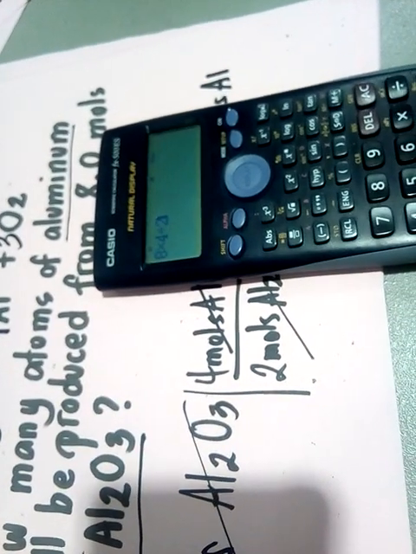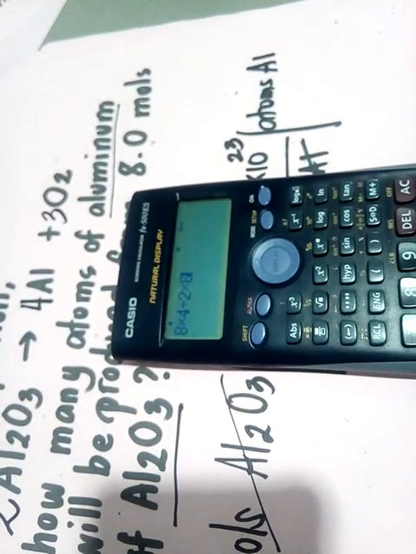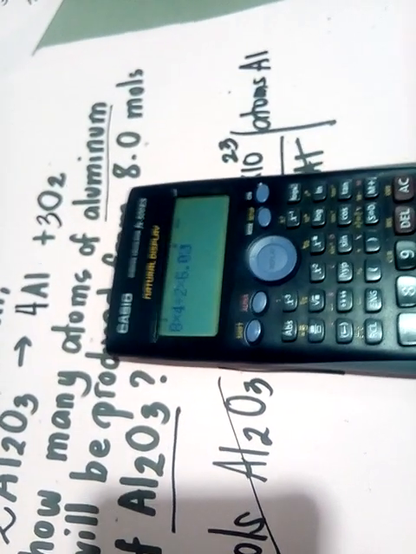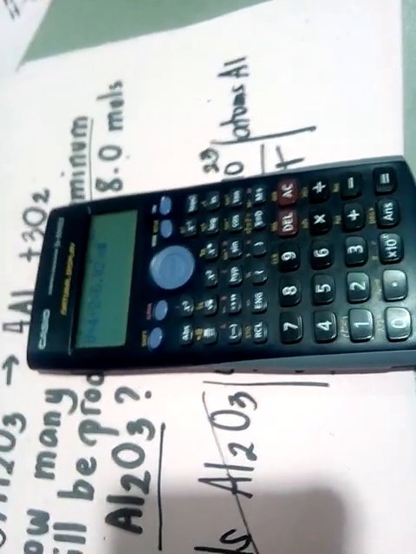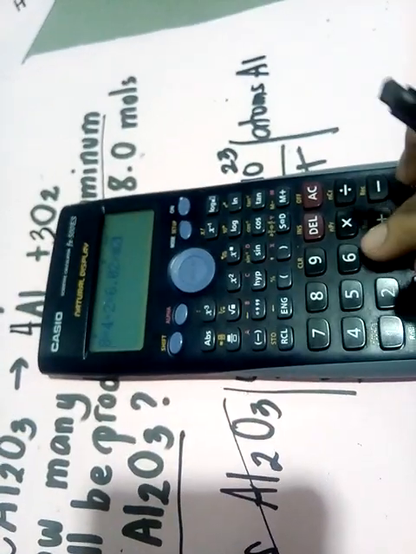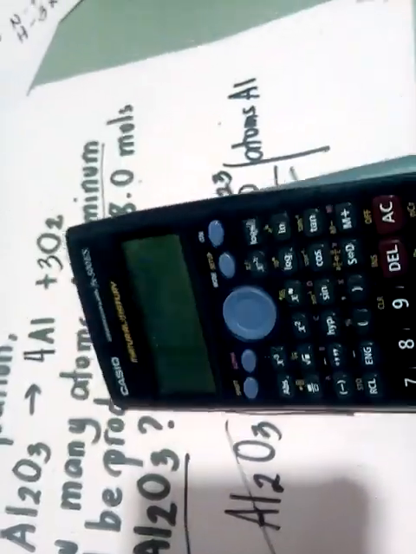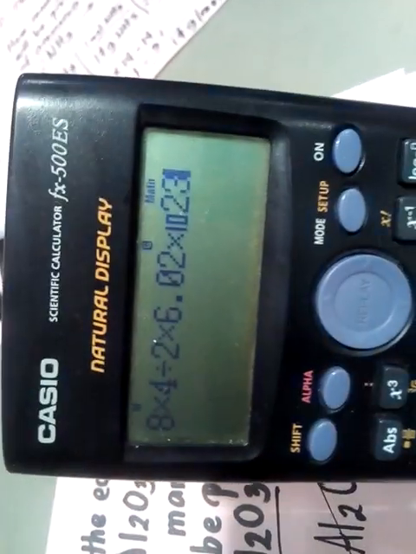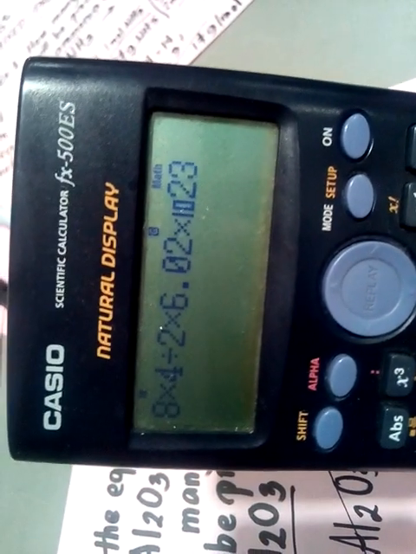In your calculator, you just press 8 times 4 divided by 2 times 6.02 times 10 raised to 23. This should be your input in your calculator.